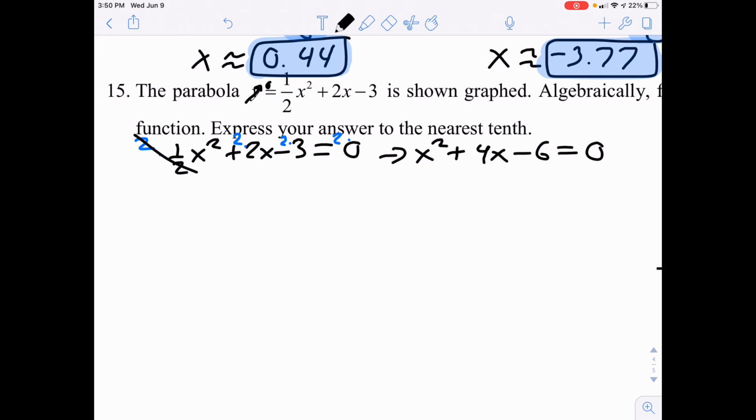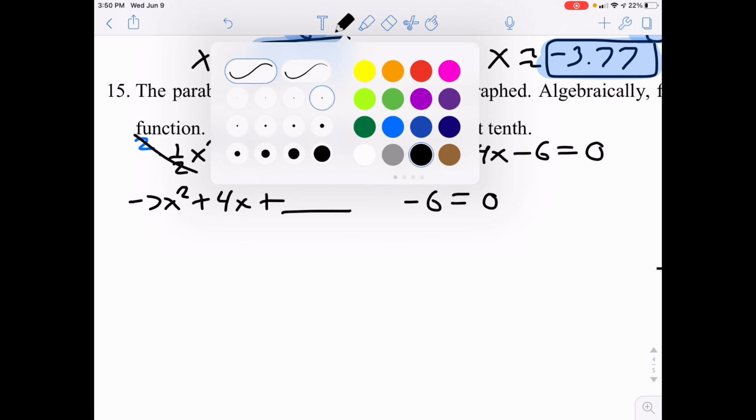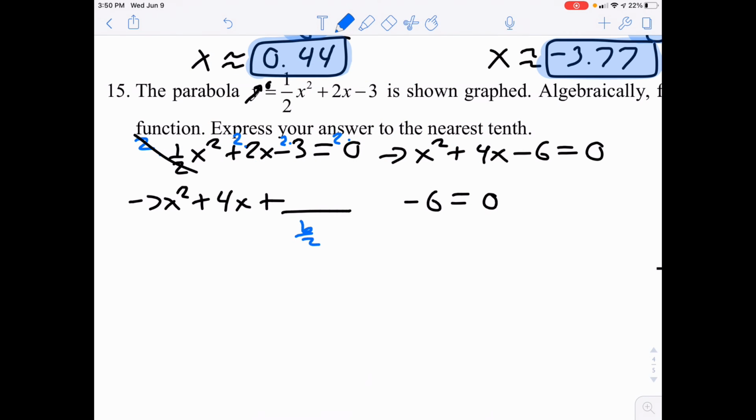Now I'm going to complete the square on this thing, so let's section this off. X squared plus 4x plus, leave some space, minus 6 equals 0. B over 2 squared goes here. B is 4, half of that is 2, square that, we get 4. So we're adding 4, but we're also subtracting it again simultaneously.